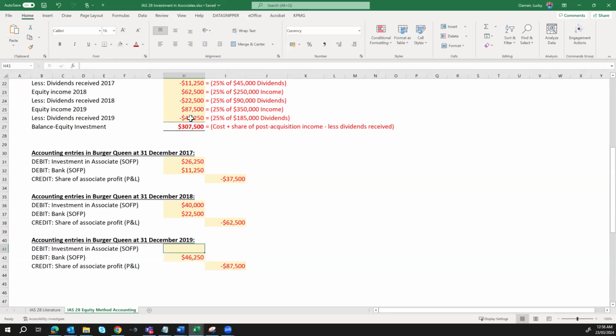And of course, the net movement between the share of profit and the dividend received in your bank will be debited to your investment in associates to increase the balance. It comes to $87,500 less $46,250. Then you can sum up these two, which agrees to your total credit, which balances out this journal entry.